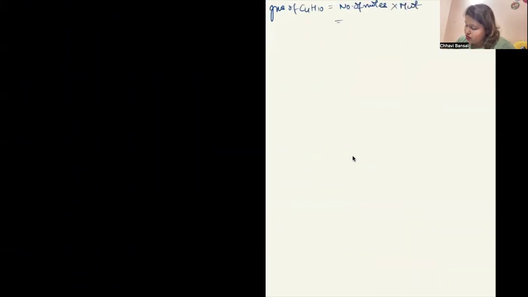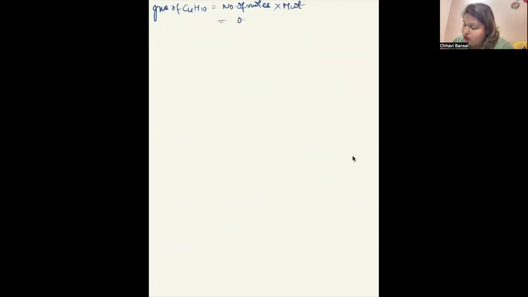What is the number of moles? 0.2 divided by 8. What is the molecular weight here? 12 into 4, which is 48, plus 10, 58, right? So 1.45 grams.